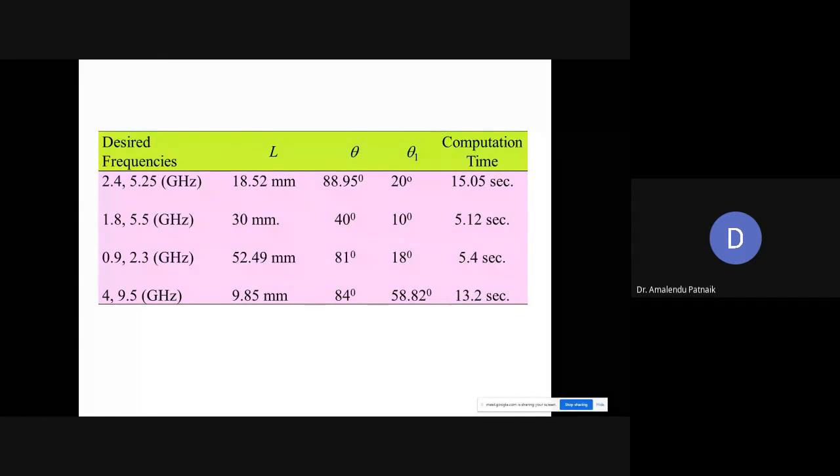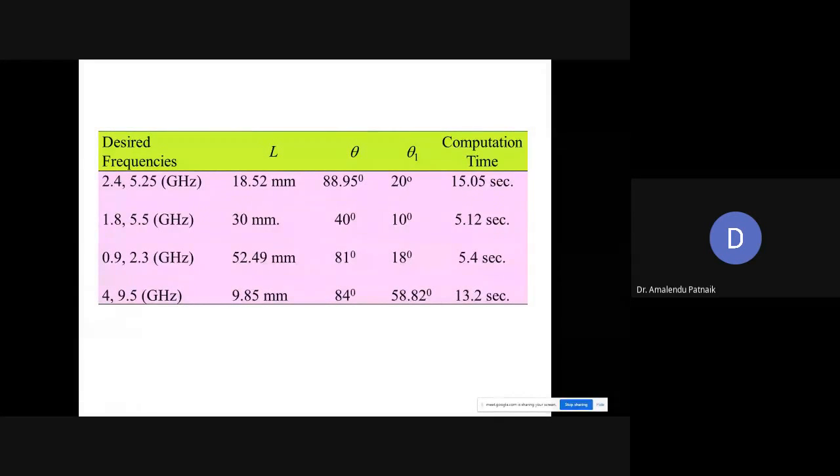So again the computation time will be very large in that particular case, because for each set of outputs that you are getting from the neural network, you need to feed that to the RF simulator, and to find out the RF simulator output, it will take some time. So the computation time will become huge, and the second thing is you need an RF simulator for that.